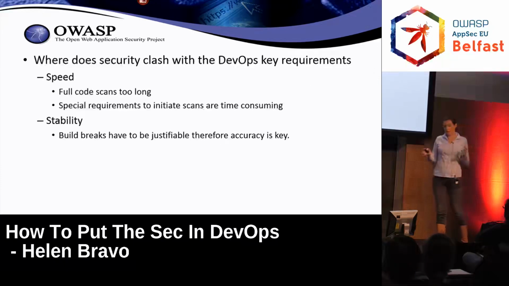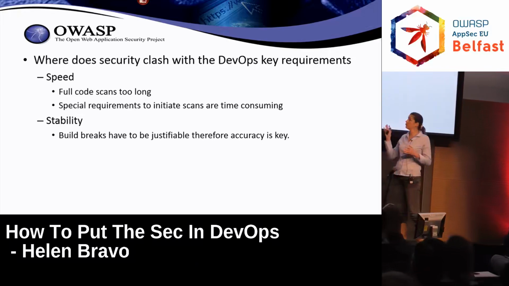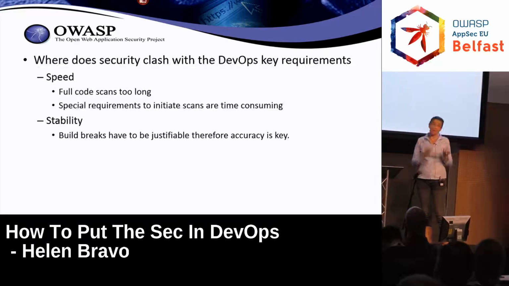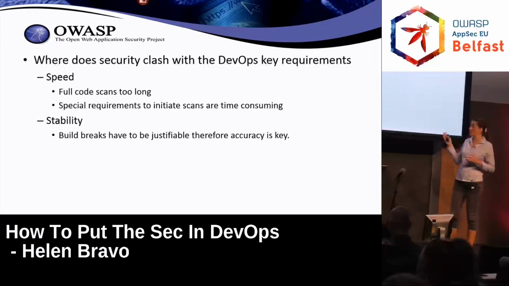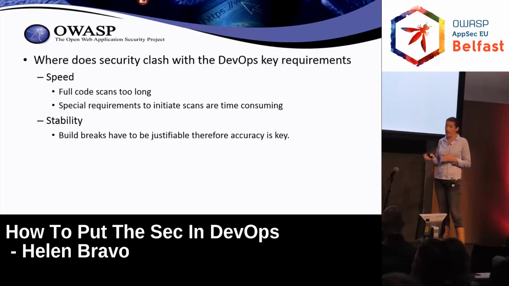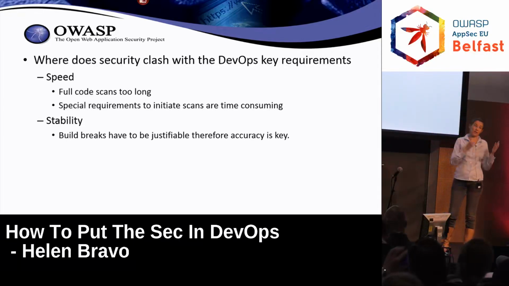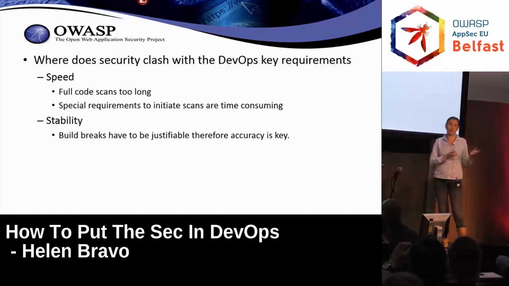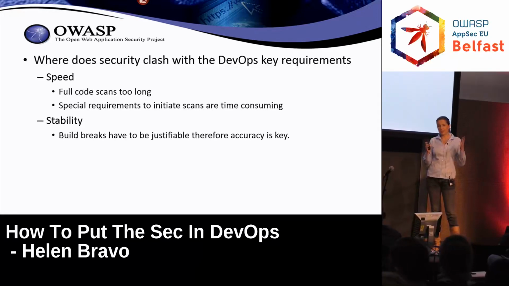So what are the problems of security tools? Security checks with the process. The speed. It takes time to run. It takes time for the security analysis tools to run. And the stability. The stability is basically the quality those tools bring, and it's a sort of combination of the time it takes and the quality it brings.